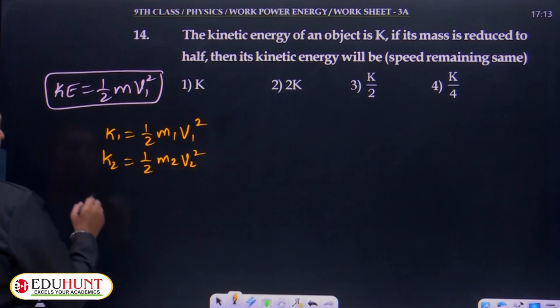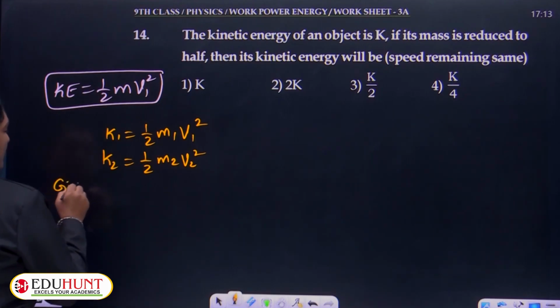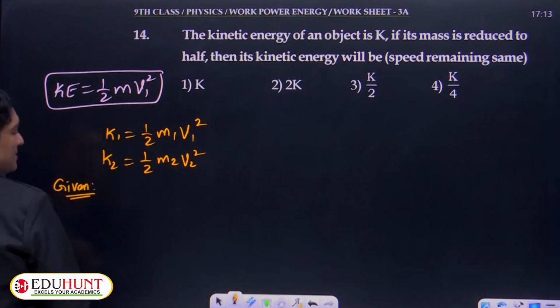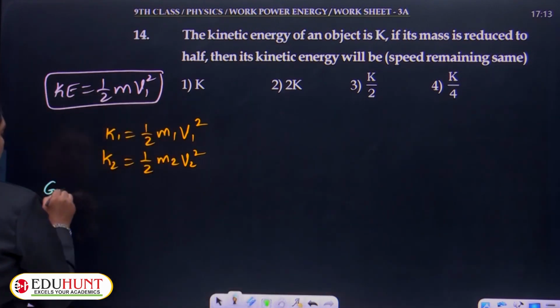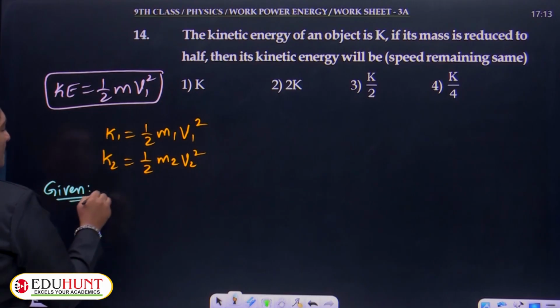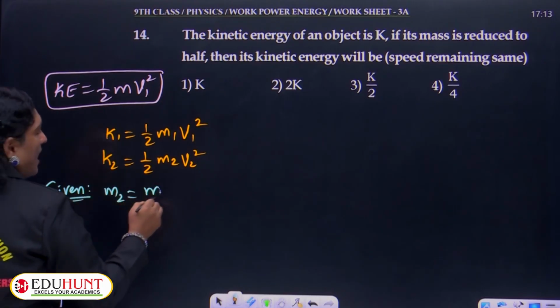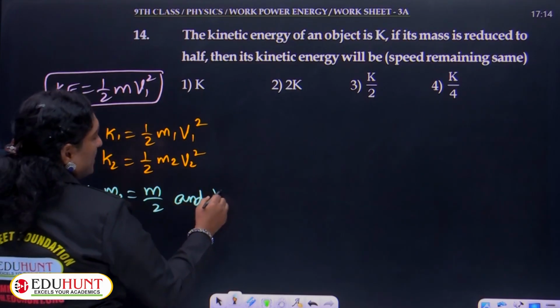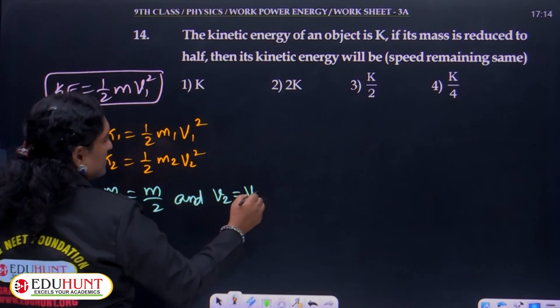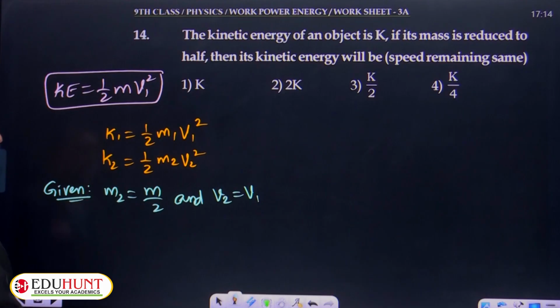Mass is reduced to half. Given that, the new mass is equal to half of the old mass, and V2 is equal to V1, remains the same. You're asked to find the new kinetic energy.